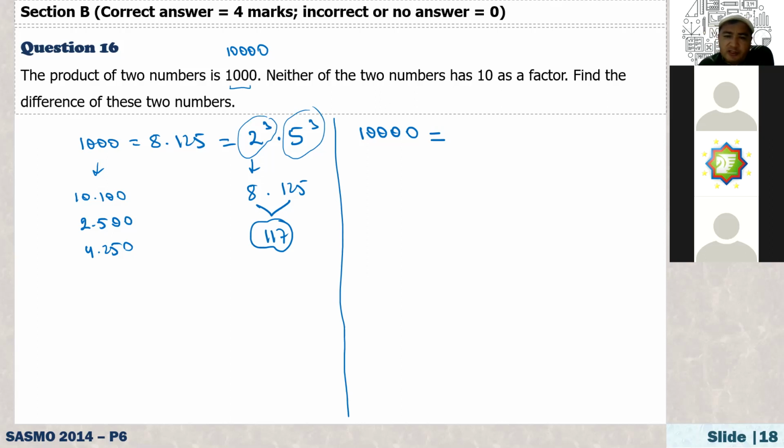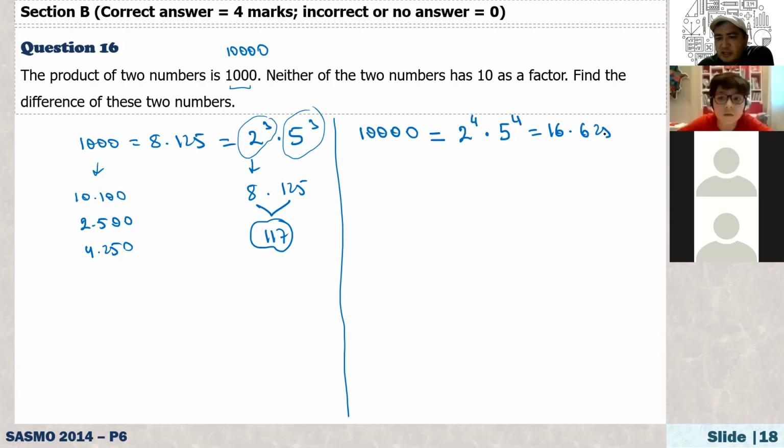Very good. And you see here also in similar way, if you just keep dividing by 2 and 5, we will have 2 to the power of 4 times 5 to the power of 4, which means that 2 to the power of 4 is 16, and 5 to the power of 4 is equal to 625, right?